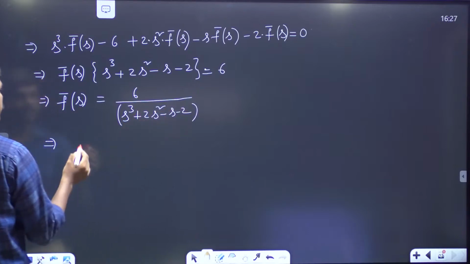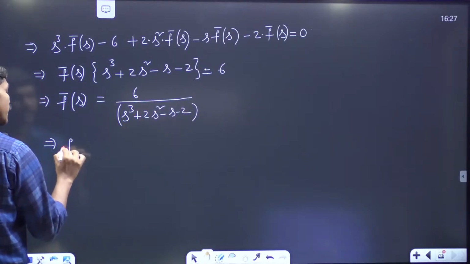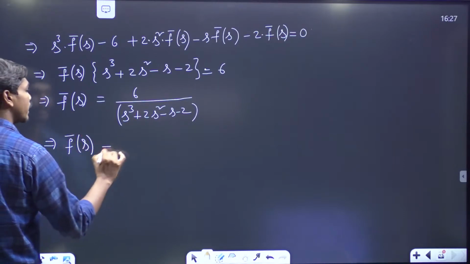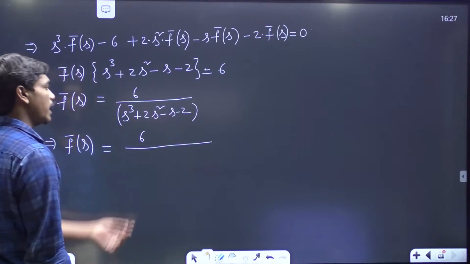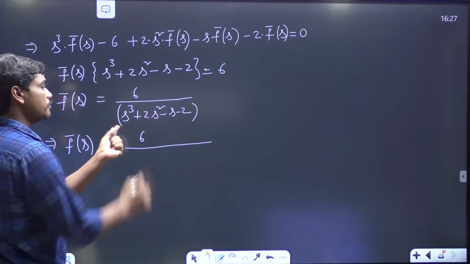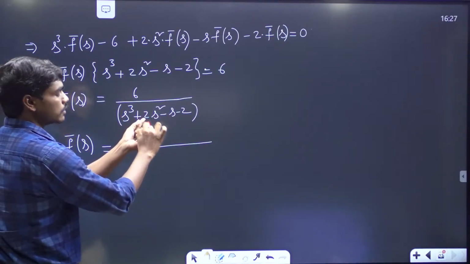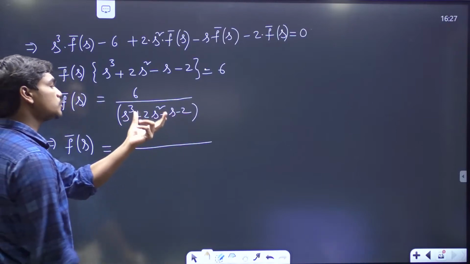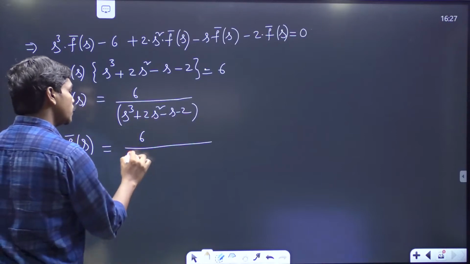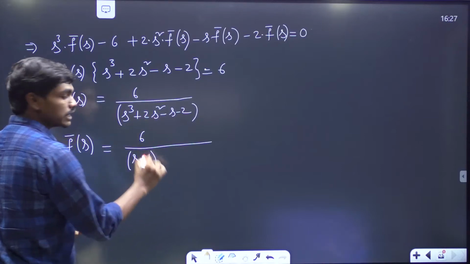So see here carefully, this f bar of s can be written as 6 by, if you factorize this, see, I told you, sum of the coefficients: 1 plus 2, 3, 3 minus 1, 2, 2 minus 2, 0. If the sum of the coefficients is 0, then 1 is definitely one root of this equation.